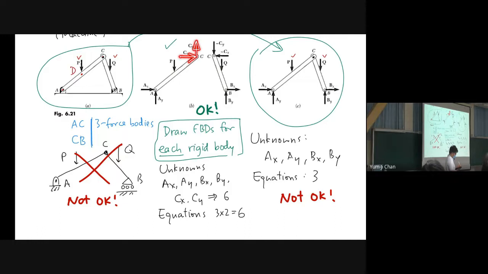Then by action and reaction, if this is to the right, then on the other side it is to the left. And if this one is upwards, then this one goes downwards. Action and reaction.